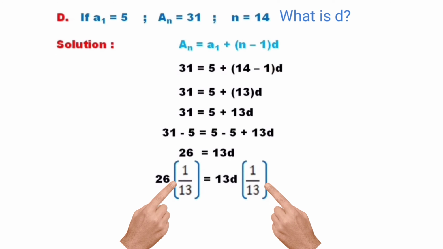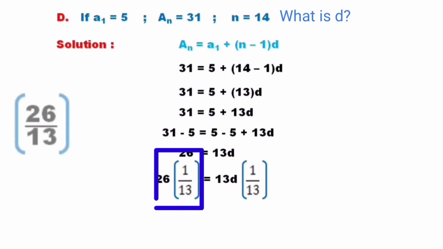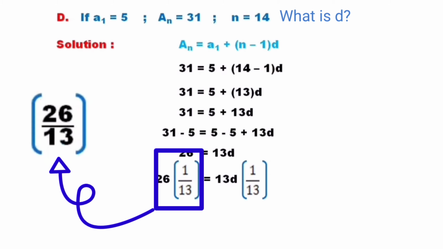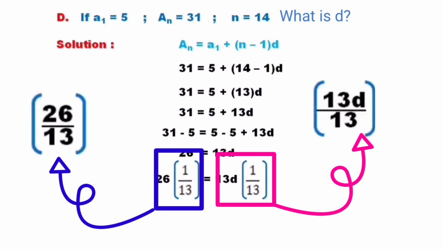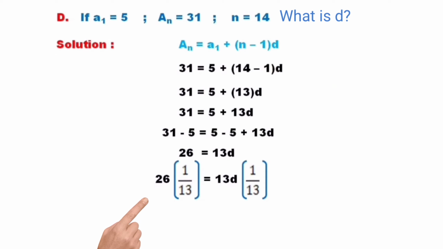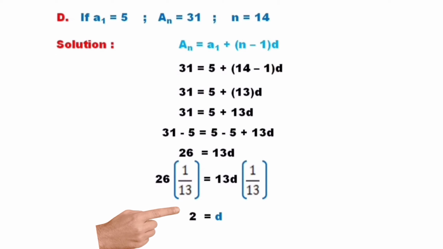Multiply both sides by 1 over 13. So, we have 26 over 13 equal to 13D over 13. Or 26 divided by 13 is 2. 13D divided by 13 is D. So, the common difference is 2.